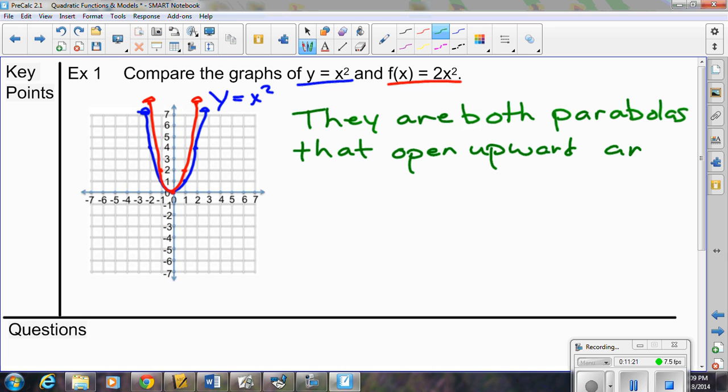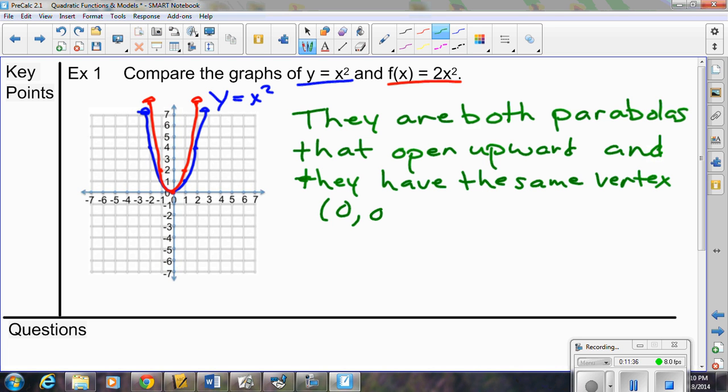And what about the vertex? They have the same vertex, and it happens to be the origin. So there you go. Three quick things that they have in common. They're parabolas, they both open up, they both have the same vertex at the origin. There's a compare.